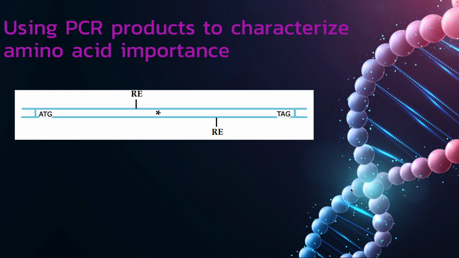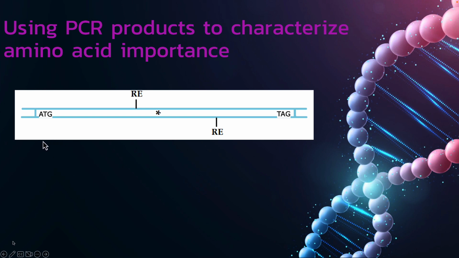The last modification to PCR that I want to introduce for this section is the idea that we can actually use PCR to help us figure out which amino acids could be important for protein function. So how do we do that? Well, we use a process called site-directed mutagenesis.